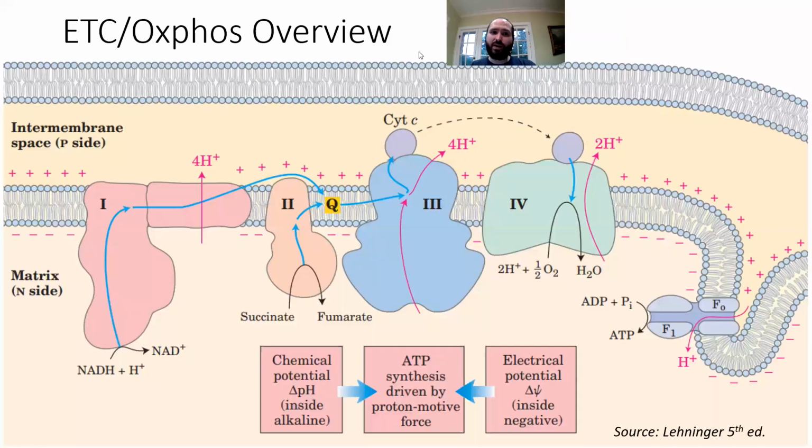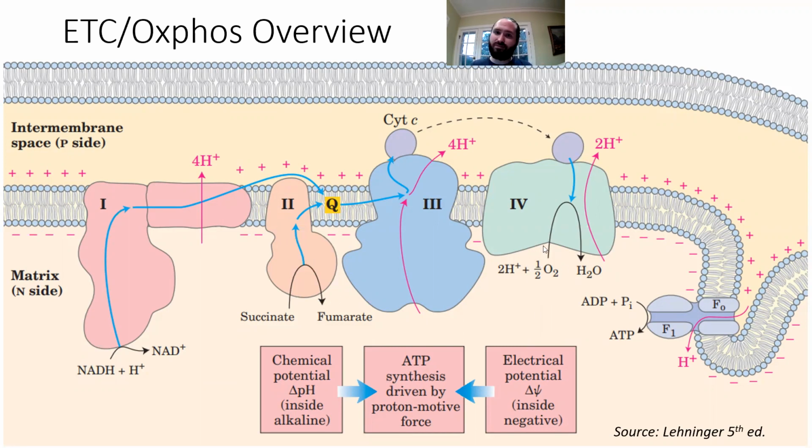Now we're getting to the nitty gritty of the electron transport chain. One thing I want to emphasize here, there are 2 types of diagrams you might see regarding the electron transport chain, particularly when it comes to complex 4. So for now, we're just going to note that our diagram shows one NADH, or one FADH2 would be right here, entering the electron transport chain, resulting in the reduction of half of an O2 molecule and the pumping of 2 protons.